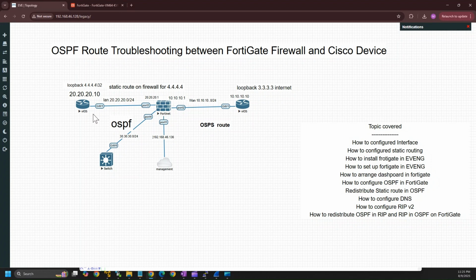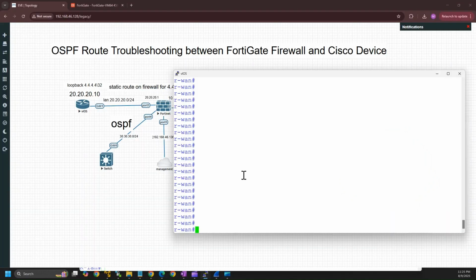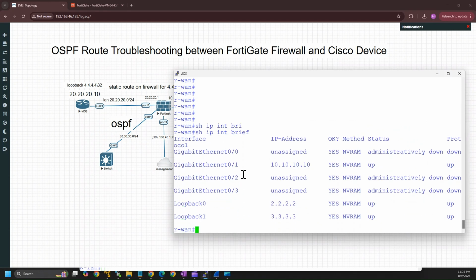As you know, OSPF works on a router ID, so each router should have a unique router ID. That was causing the issue. When we checked, someone had configured the wrong router ID.